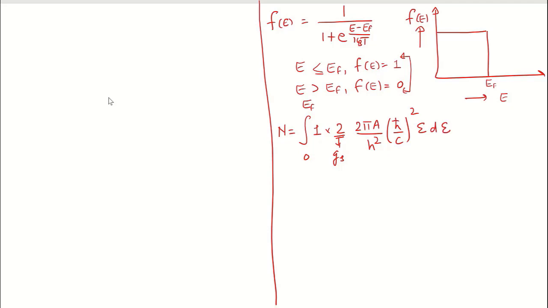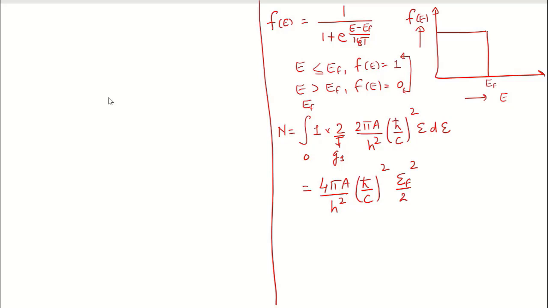After integration we will be left with 4 pi A upon h square into h cut by c its square, and then the integration yields EF square by 2.